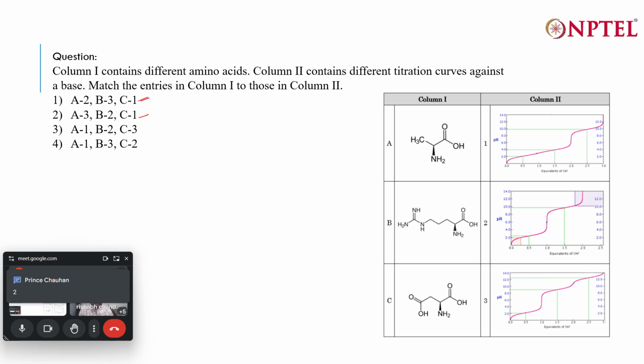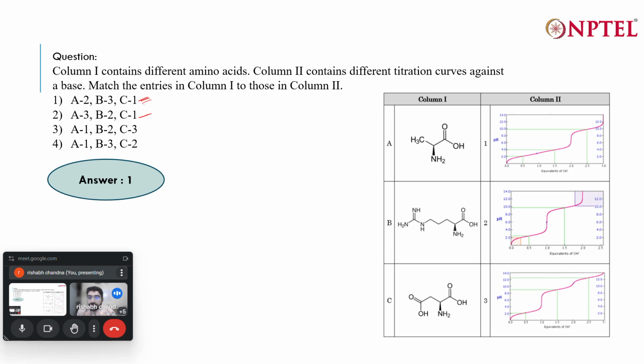Option 1, option 2. Okay. So the correct answer is option number 1. Okay, now we'll see the explanation. So what is the A amino acid? Sir, alanine. Yes, this is alanine, because here is the R group. So this is a methyl group. In case of alanine, it's the methyl group.